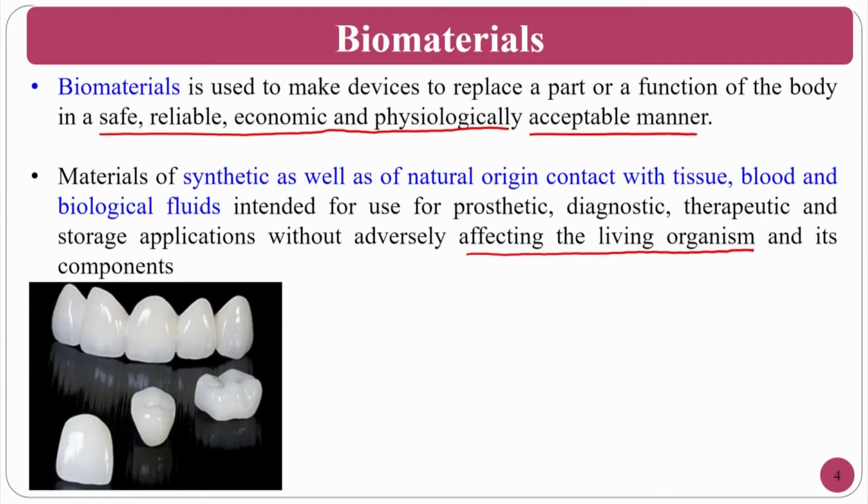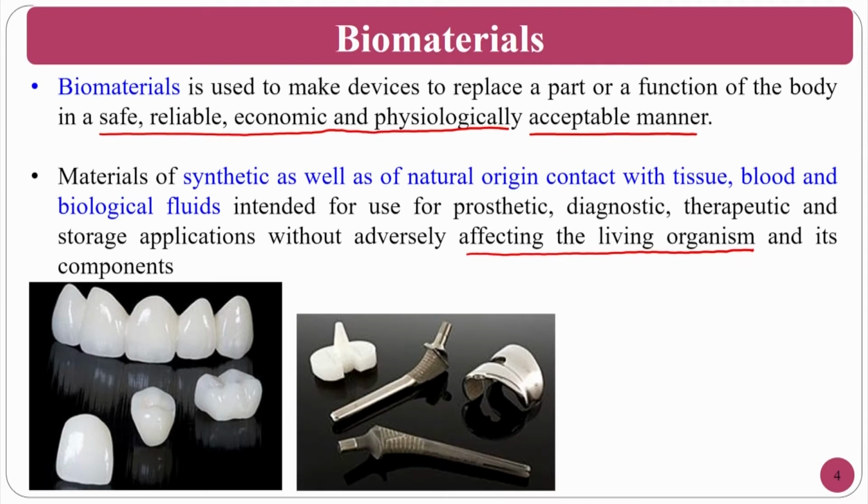If you see the first and foremost material, normally whenever you deal is the dental materials. Dental ceramics are there. You have to do the casting operation, then the finishing operation, then the polishing operation and all those things. Next, the orthopedic implants like hip implant, knee implant and all those things.